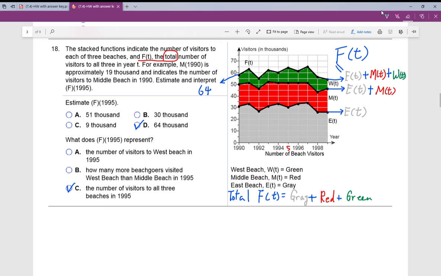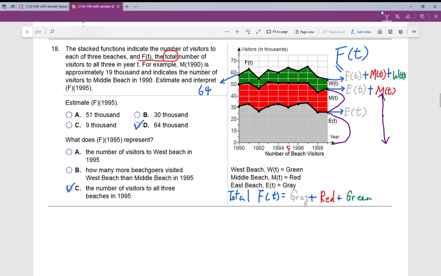This function is e plus m. You have to understand that, okay? E plus m together. So m is only this big, and in order to reach this height it is e plus m.